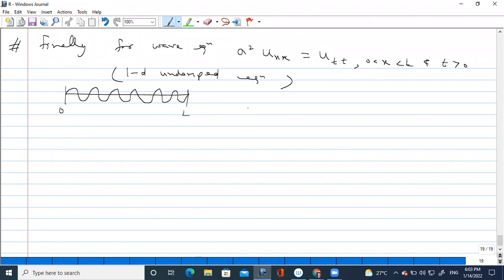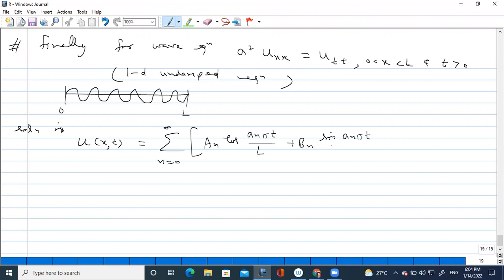So for this, the solution is u(x,t) equal to the summation over n from 0 to infinity of [a_n cos(a n pi t by L) plus b_n sin(a n pi t by L)] into sin(n pi x by L).